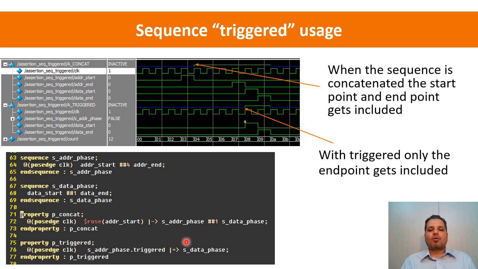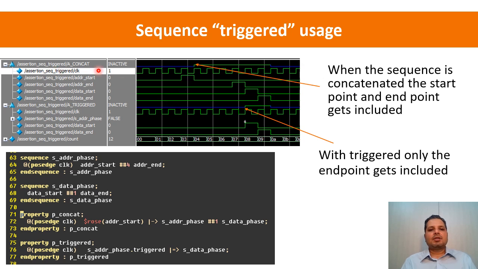But let's say I do not want that. Then what I can do is use triggered. So instead of using the address start, I will say address phase dot triggered as my antecedent, and then that implies in a non-overlapping way the data phase must follow. So this is what I'm going to do, and let's see how, if we apply the same stimulus, both of these behave.